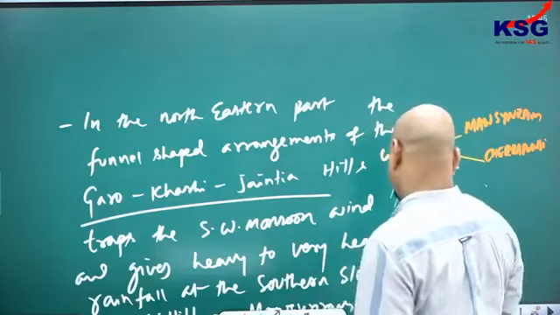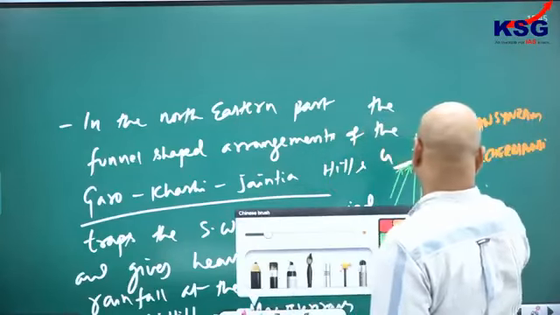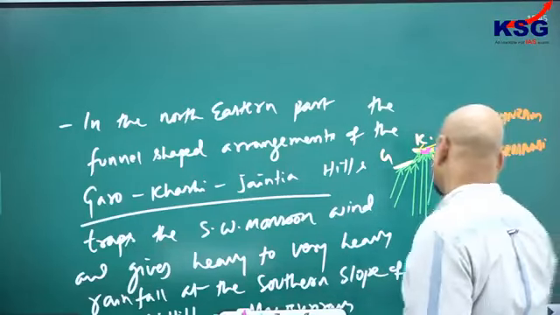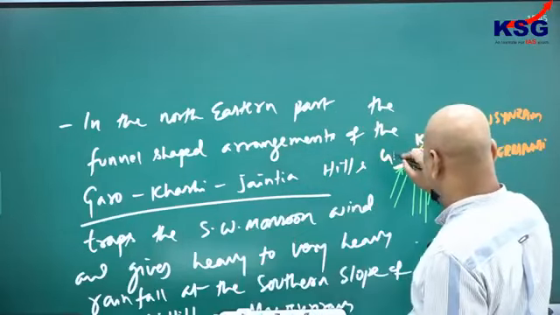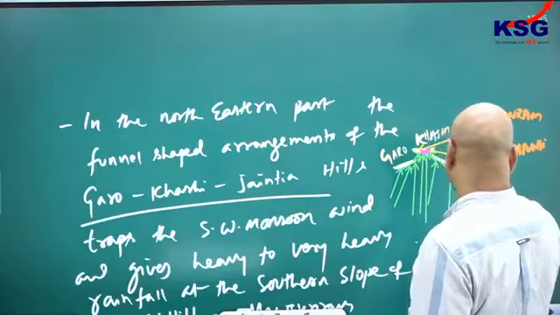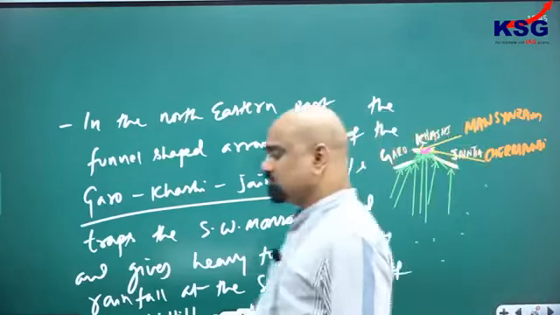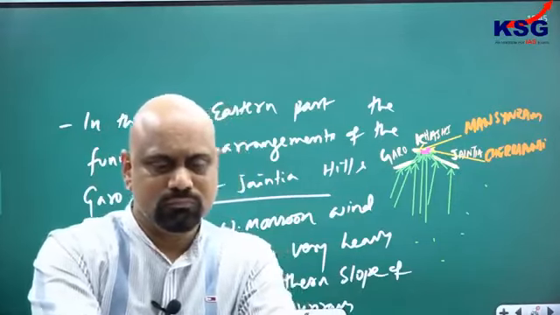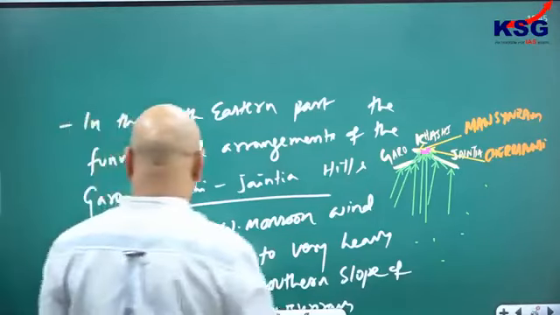So we have, like, you know, in this way. Mawsynram, Cherrapunji region, Garo, Khasi, Jaintia. You got it, what I am saying?